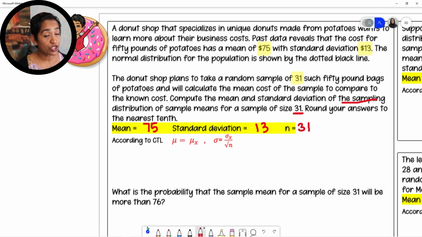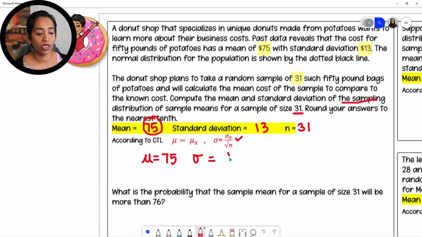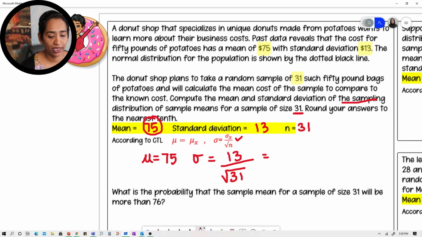And according to the central limit theorem, the mean of the sampling distribution is the same as the mean of the sample, which is 75. The standard deviation is using this formula, standard deviation divided by the square root of n, which is 31. And what is that going to be? I don't know. I've got to plug it into the class calc.